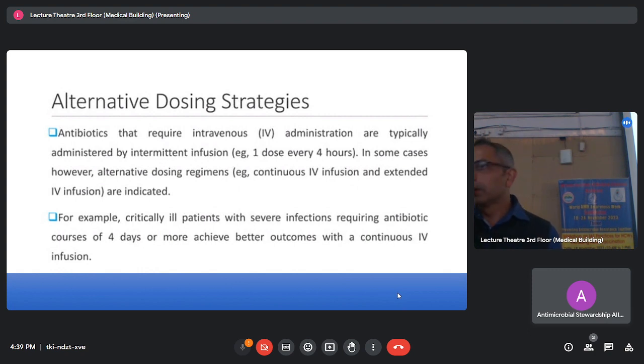Or when we use it in combination with another antibiotic, that is why beta-lactam with aminoglycoside combination is there. Beta-lactam will damage the cell wall, and that will increase the penetration of the aminoglycoside. So if there is a resistance pattern to any of these, it is going to be taken care of. And whatever is remaining, the body's immune system can take care of.